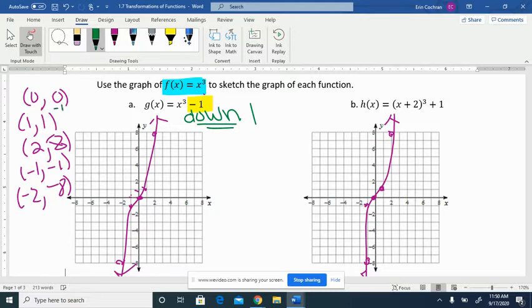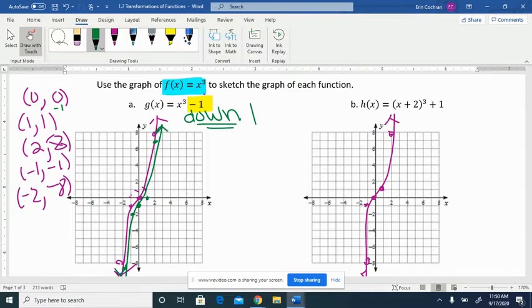So now that becomes (0, -1). We're just going to take every point and drop it down 1 unit. So now (2, 8) becomes (2, 7), and (-2, -8) becomes (-2, -9). And draw. And there you go.